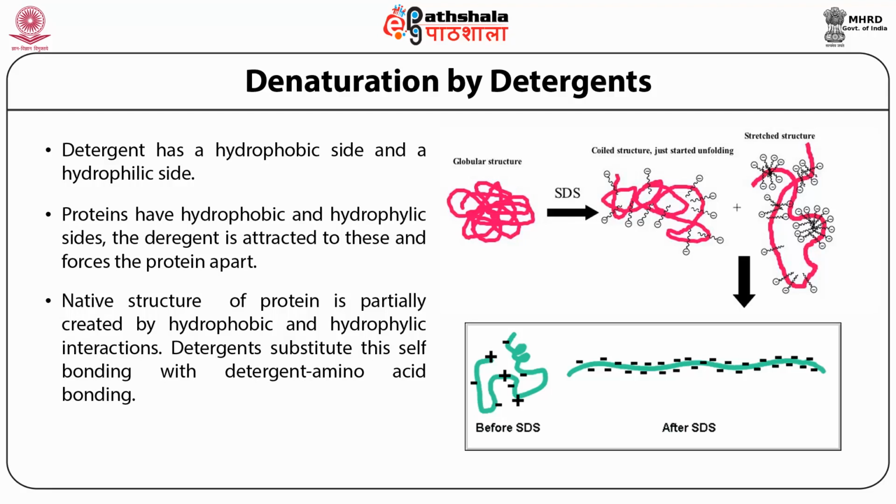Detergents substitute this self-bonding with detergent-amino acid bonding. Detergent is a salt and breaks up positive and negative interactions, and thus unfolds the protein. You can see here in a graph the before SDS treatment and the after SDS treatment, how the structure of protein gets disturbed from the native conformation to the random coil conformation.